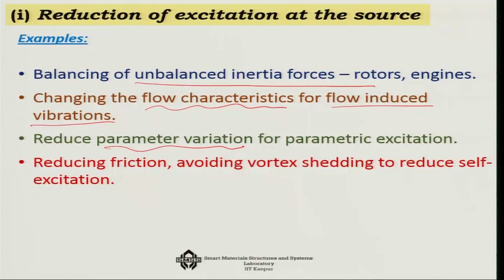Other examples belong to these cases too, like reduction of friction or avoiding vortex shedding, to reduce the self excitation of a system. So, the point here is that if you can identify what is causing the vibration, and if it is in your hand to modify that characteristic, that should always be your first strategy to control vibration.